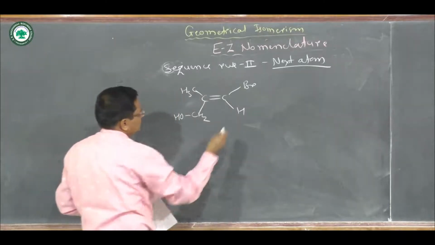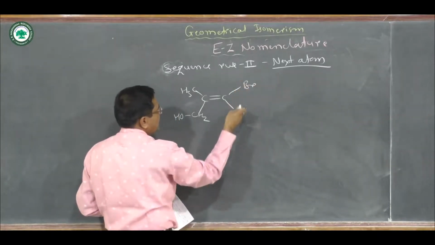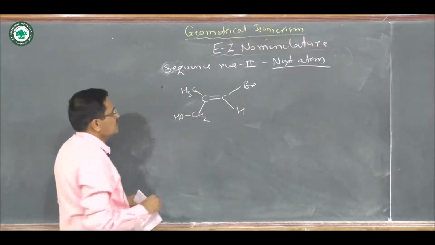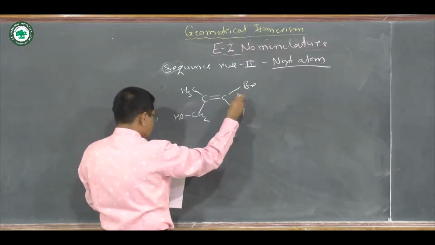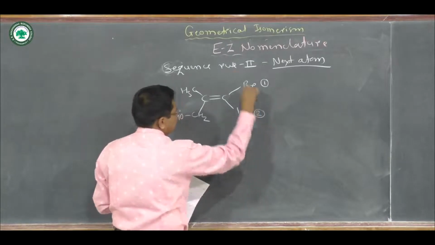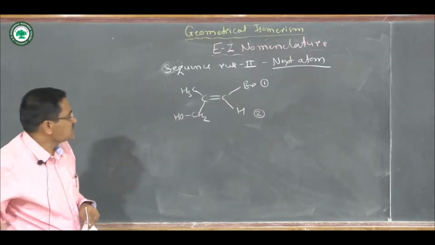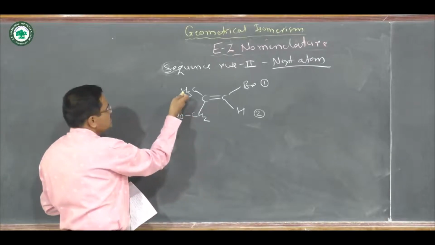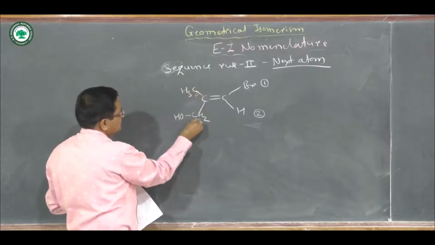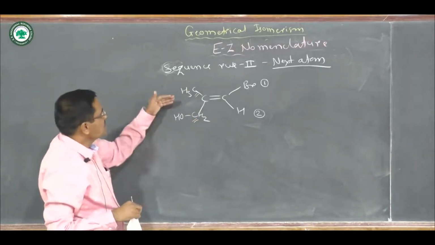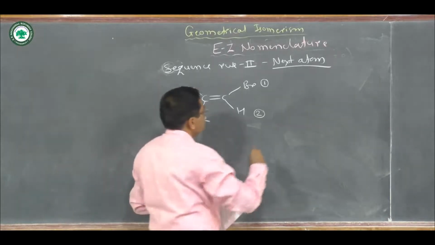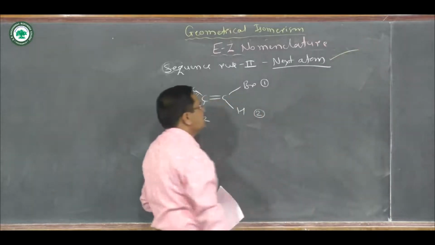Here we will decide the priority between Br and H, as well as between the CH3 and CH2OH groups. Here there is no problem because Br has the first priority and hydrogen has the second priority. But when we consider the priority between CH3 and CH2OH, the same atom is present. So in this case we consider the priority of the next atom. That's why this rule is called the next atom rule.